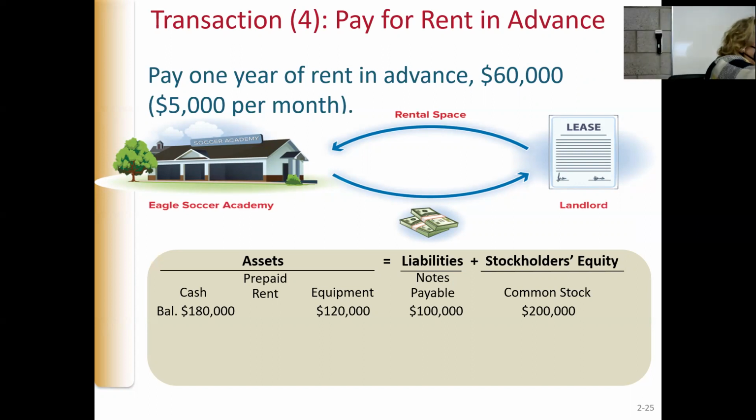If we pay rent once a month, then it's an expense because it gets used up right away. But an asset is a resource that provides us with a future benefit. So when we pay a year's worth of rent, that is called an asset, and the account is called prepaid rent.